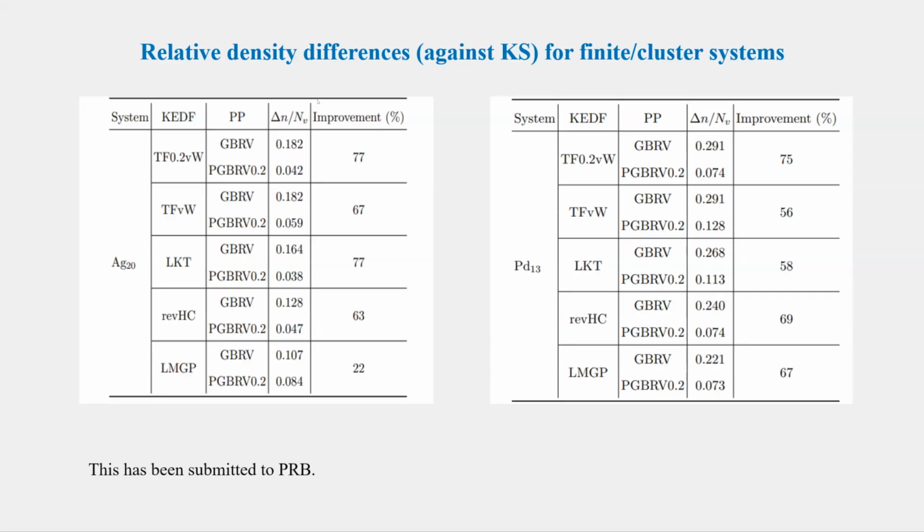And this is showing that the density produced by our method compares better to the Kohn-Sham density, because here, for example, we are away from the Kohn-Sham density by 0.042, but for the local GBRV it is 0.182.